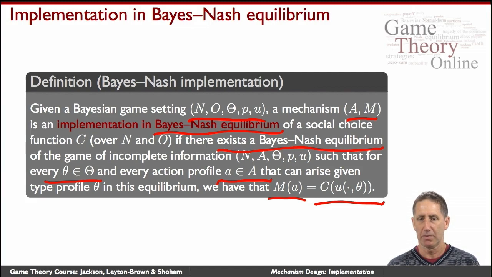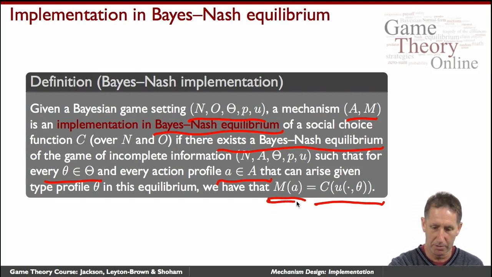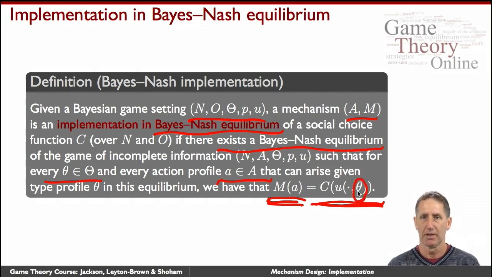And we want it to be the case that every action profile would lead, by definition, to some outcome according to this mapping. And we would like it to be the case that indeed it's a social choice of the agents as they are, meaning they have their own preferences. And with respect to those preferences, we want that action profile to lead to the optimal outcome, as defined by the social choice function.